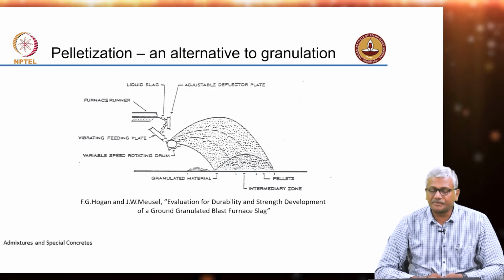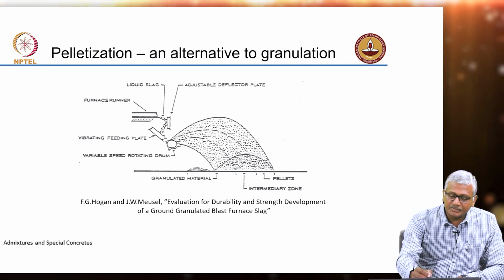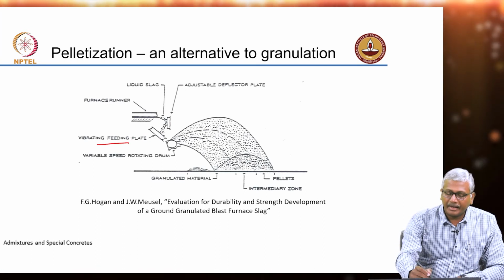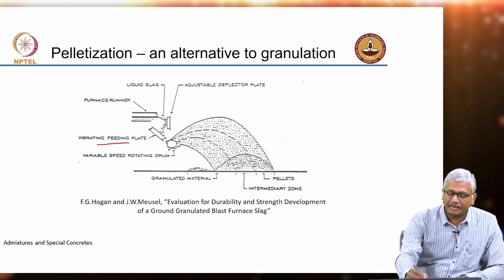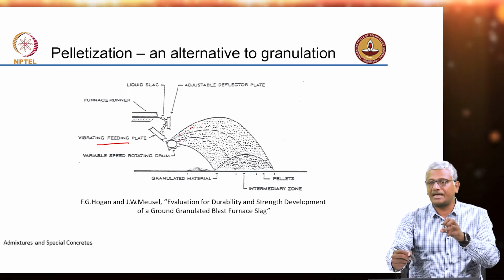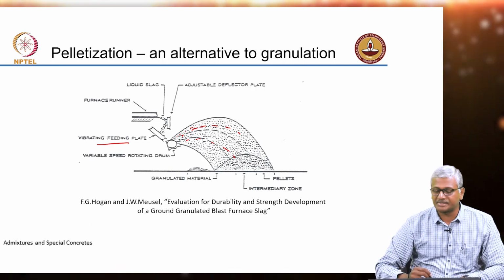The process of pelletization is another alternative to granulation, where the liquid slag is made to fall on a vibrating plate, and this vibrating plate feeds it to a variable speed drum, and the particles of slag which are cooling because of the air interaction are thrown by this drum to different distances.